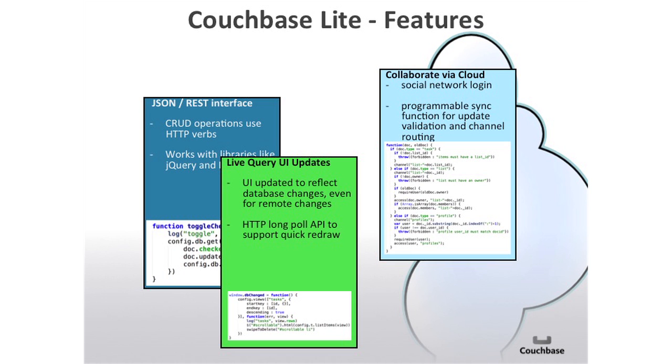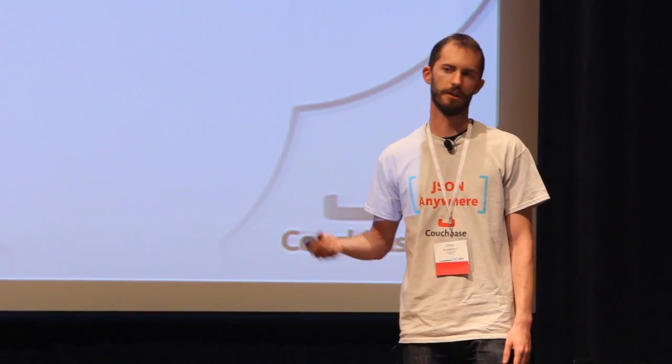There are a lot of features, and I can't cover them all in just a few minutes. So I'll focus on two features on the device and one feature of the cloud. We'll look at how CRUD operations are done over a RESTful style interface that is designed to work not only with native Cocoa and Objective-C or Java Android code, but also works seamlessly with Ajax and the web environment on the mobile device.